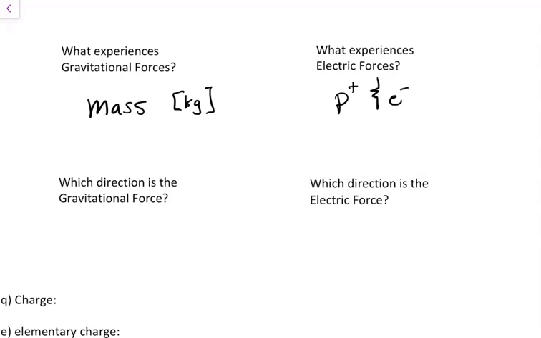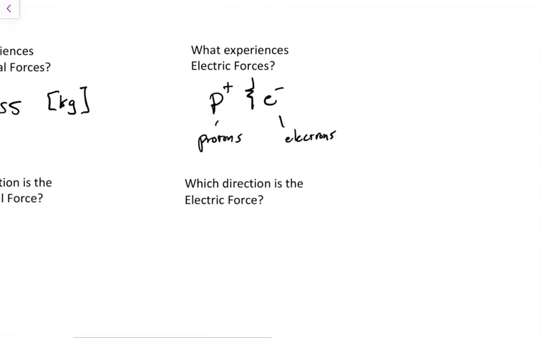And I wrote P plus and E minus just to identify, these are protons and these are electrons, to identify the positive charge or negative charge. Note, neutrons don't have charge, therefore they don't experience electric force.